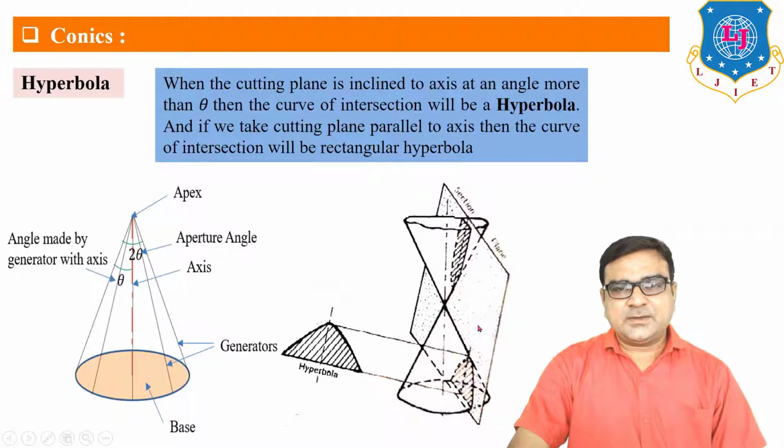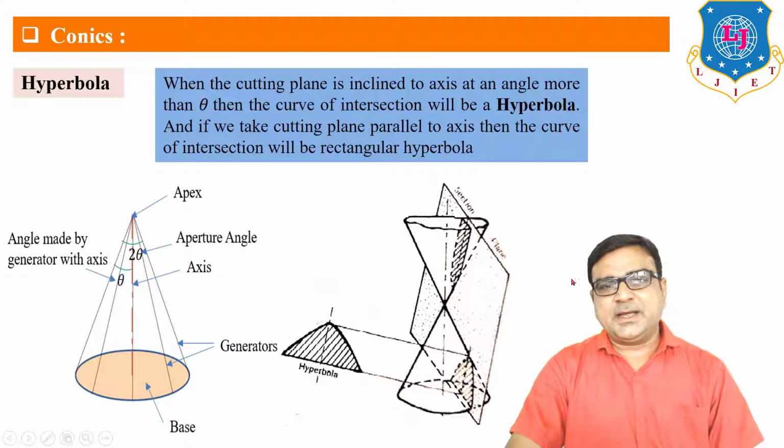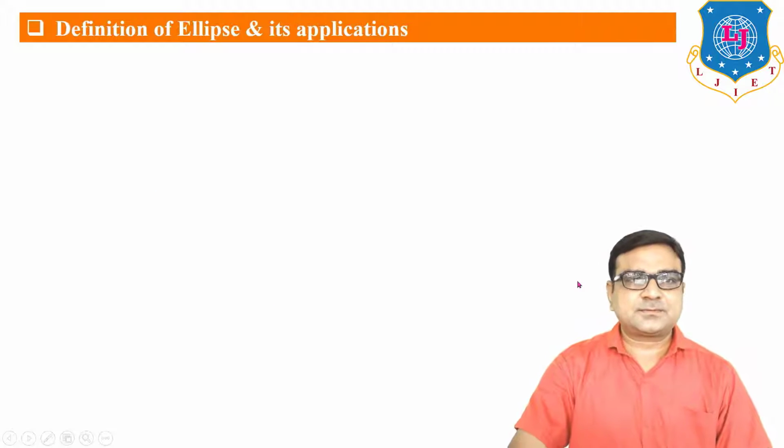So here, if the cutting plane angle with the axis is greater than theta, then the true shape of section is a hyperbola. And when the cutting plane is perpendicular to the base or parallel to the axis and not passing through the apex, then the true shape of section will be a rectangular hyperbola.